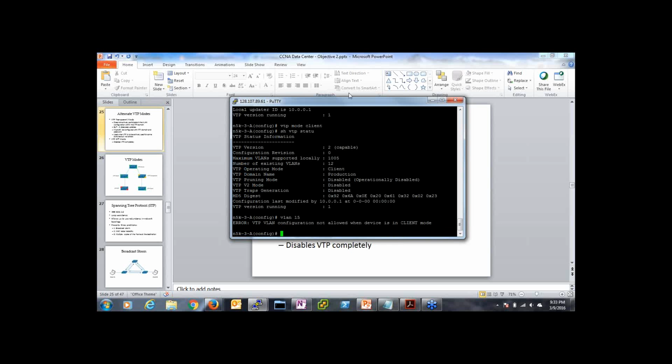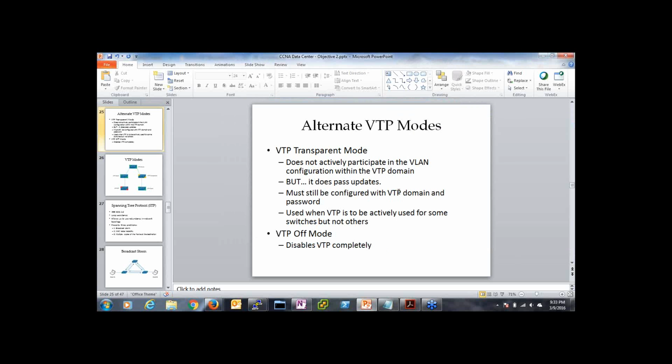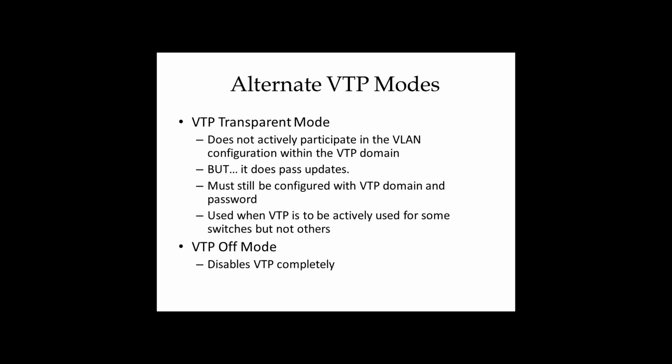Okay, a couple more things about VTP. There are some alternate modes. There's VTP transparent mode, and what that does is, let's say we've got five switches on the network, and one of them is in between a couple other switches that I want to have participating in VTP.